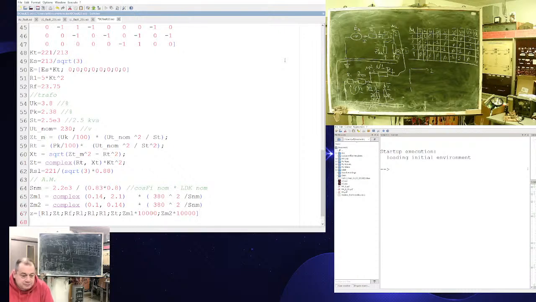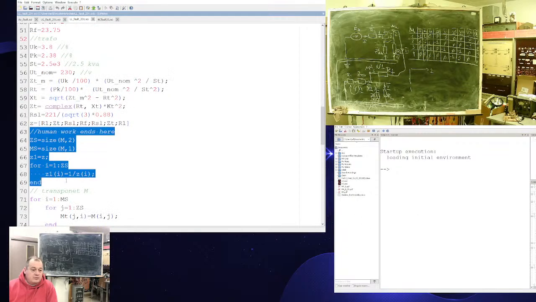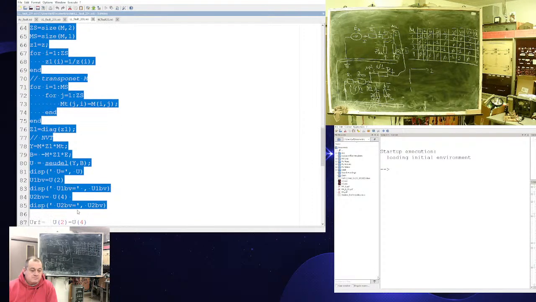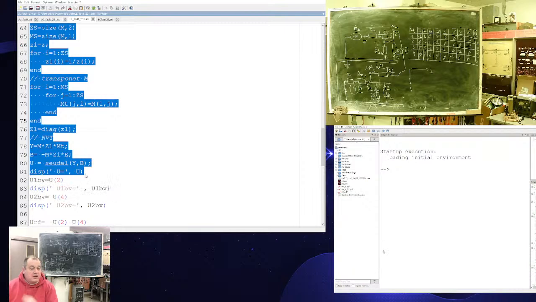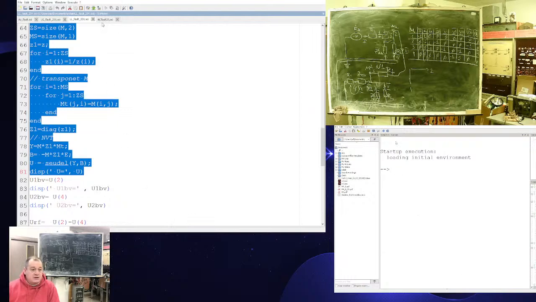Yeah. Here is my resistance matrix. What next? Next I need to solve. I will reuse this part.